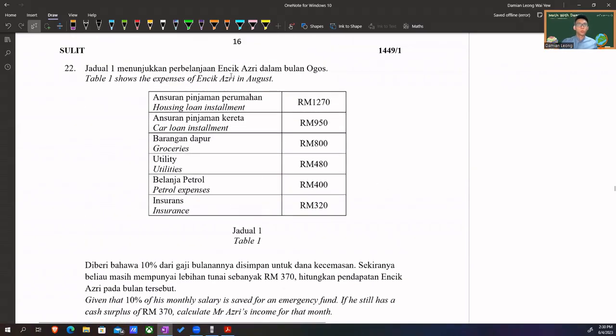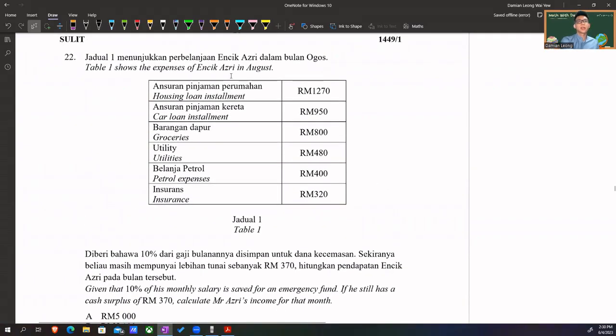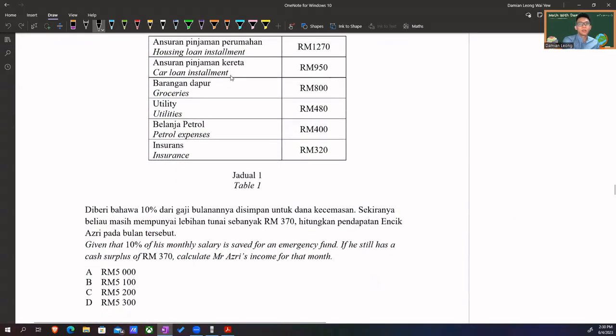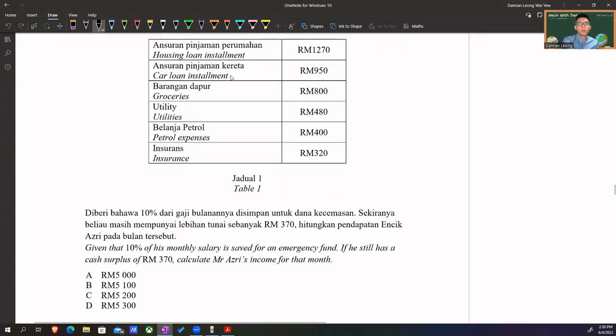Question 22. Table 1 shows the expenses of Encik Asri in August. So, given that 10% of his monthly salary is saved for emergency fund, if he still has a cash surplus of 370 ringgit, calculate Mr. Asri's income for that month.